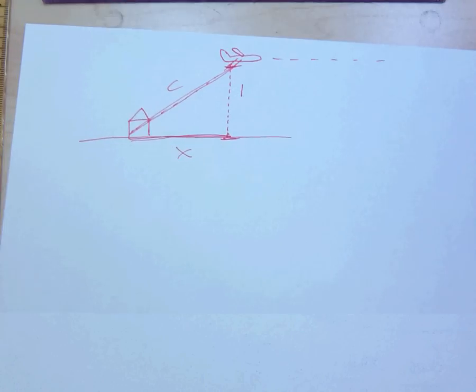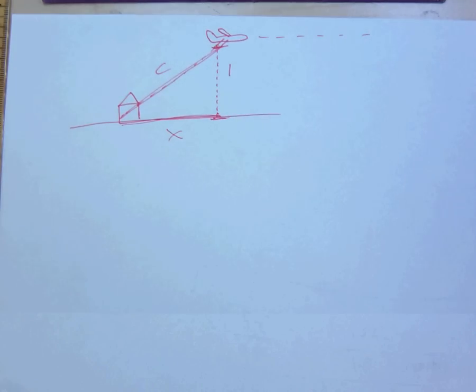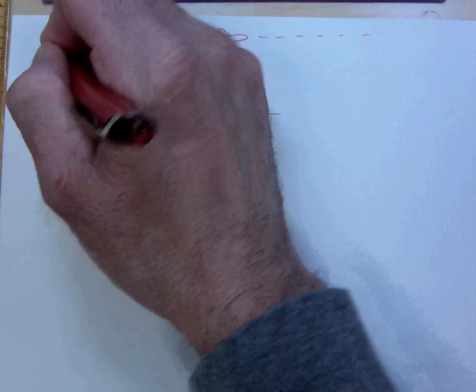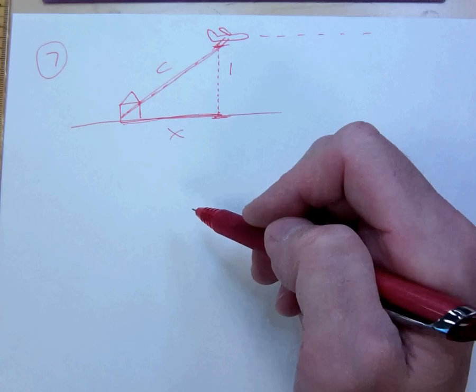And so in this problem, let me find it. I think this is number 7, if I'm not mistaken. Yeah, this is number 7. And it tells you then how fast the plane is moving. Now wait.